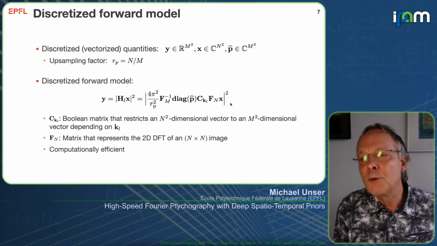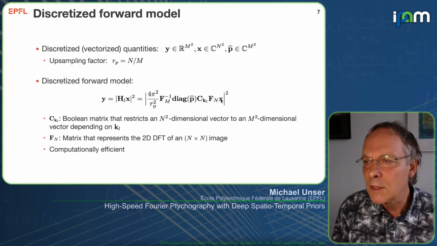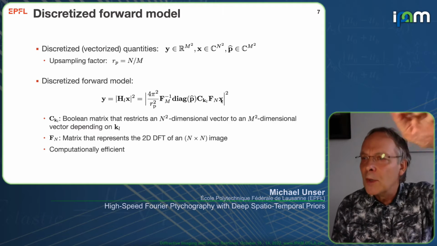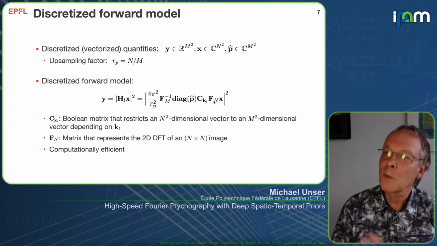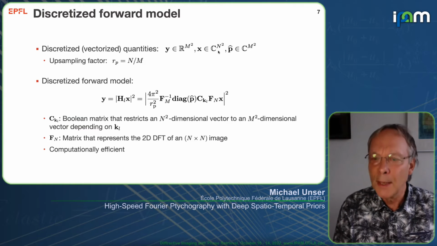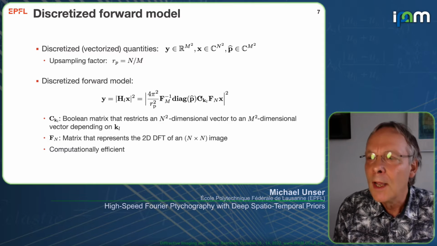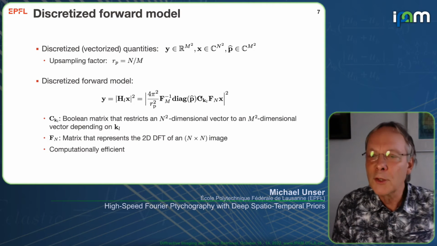Okay, so that gives us this discretized forward model. Maybe it's just a recap, but I think the notation is important. So this is the input image. Remember, it is a high resolution thing. Then we do a Fourier transform of the size of the image, so n by n, fast Fourier transform. And then there's the action of the pupil, also after modulation.